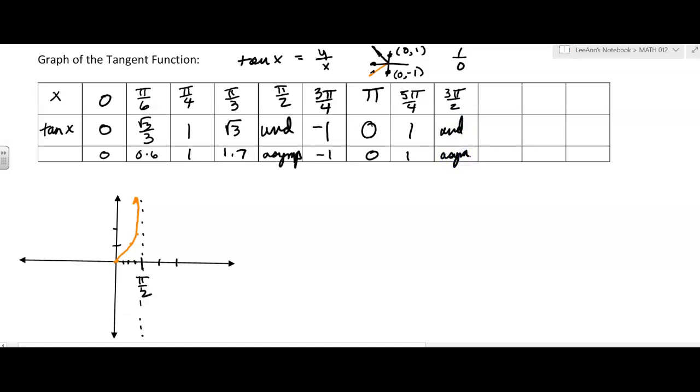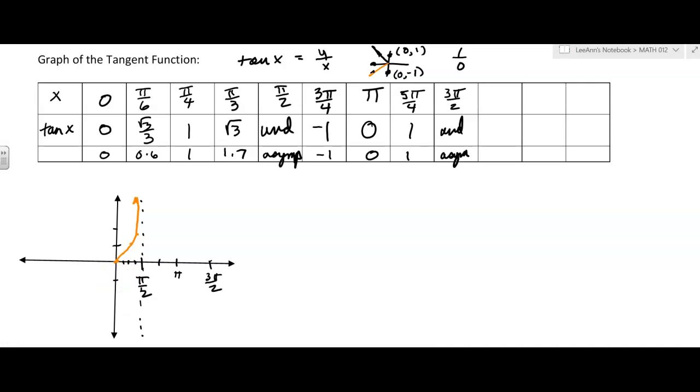Okay, so let's see what that looks like then. I've got pi right here, and then 3 pi over 2, we'll say is right there. It's probably a little bit bigger than I wanted it to be. Let's graph these points then. Oh, I'm going to need a negative 1, aren't I? Okay.